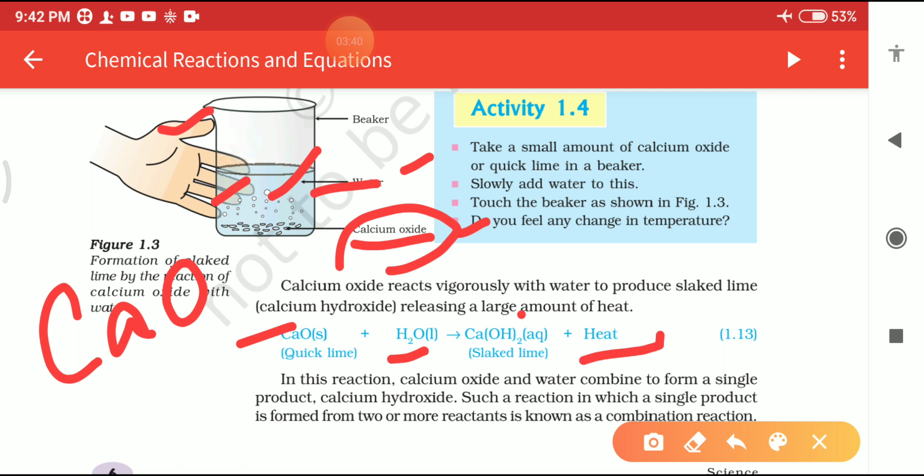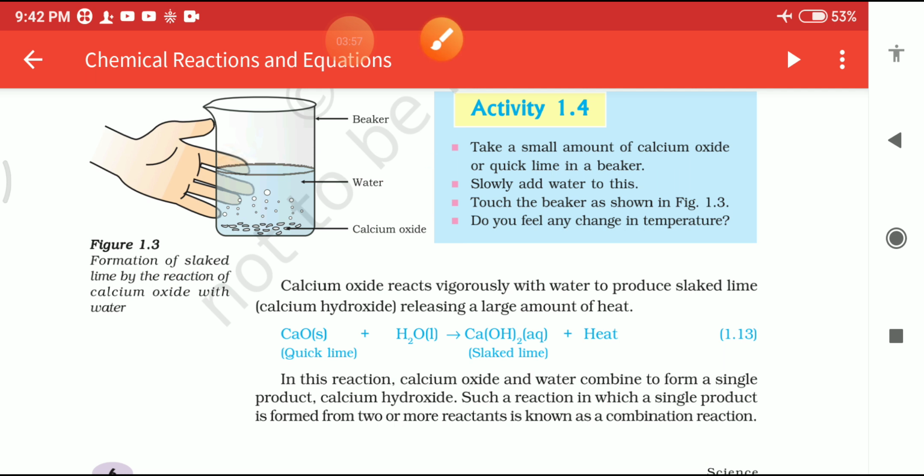The second name of calcium hydroxide is slaked lime. Calcium oxide reacts vigorously with water to produce slaked lime, calcium hydroxide, releasing a large amount of heat.